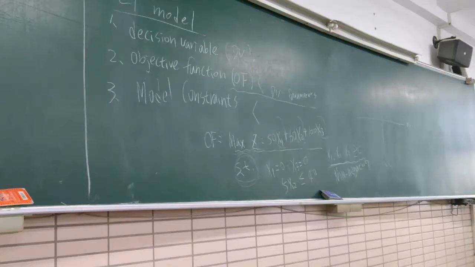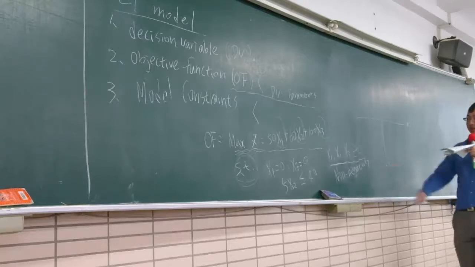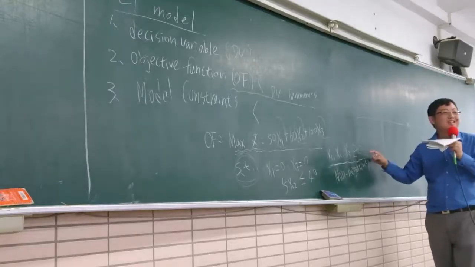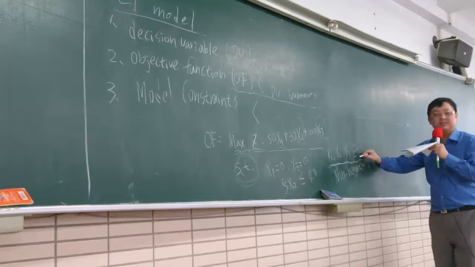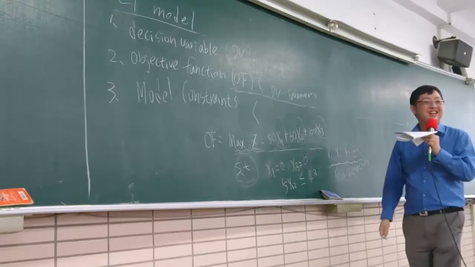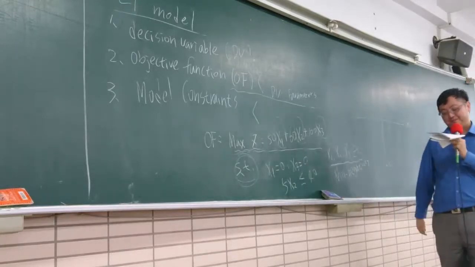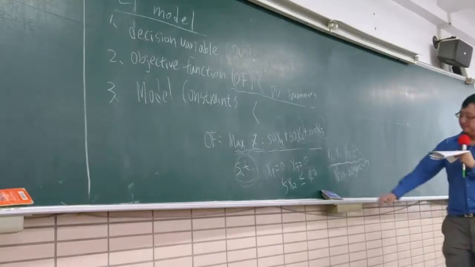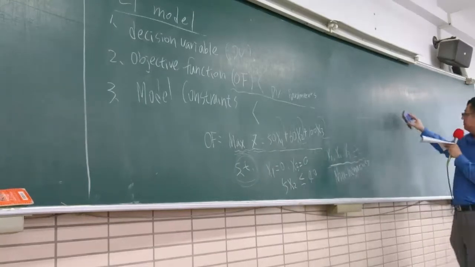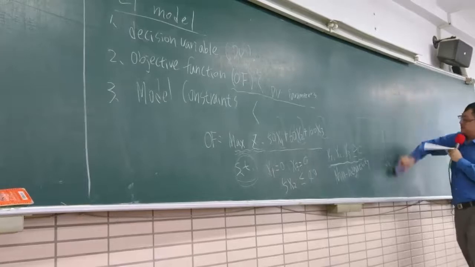Make it happy. Always write this. If you write this, you can get some score. If you don't know how to solve the problem, you write this, you get some score. Okay. So it's easy.